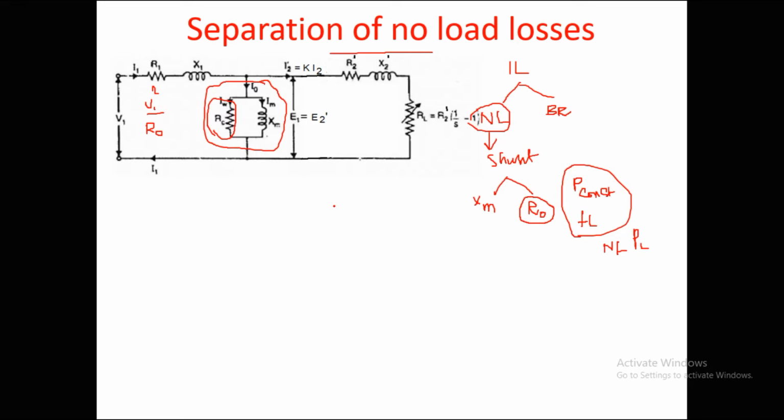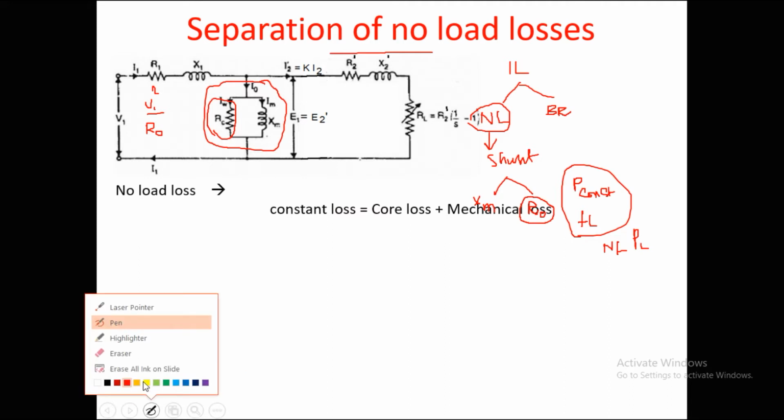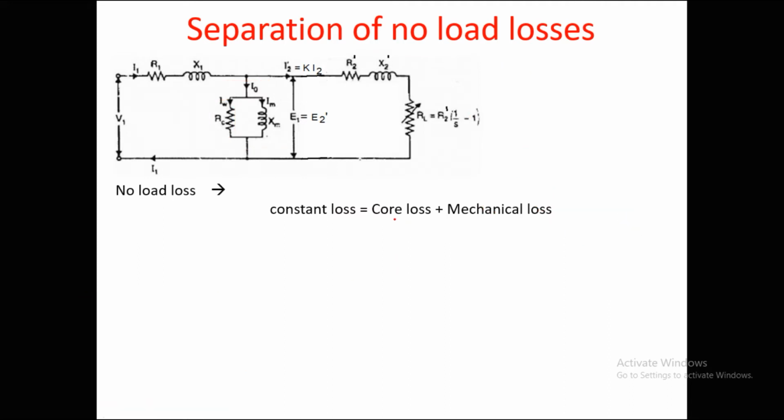Now we'll see what components are present in this constant loss. This no-load loss, also called fixed or constant loss, has two components: one is core loss and the other is mechanical loss.